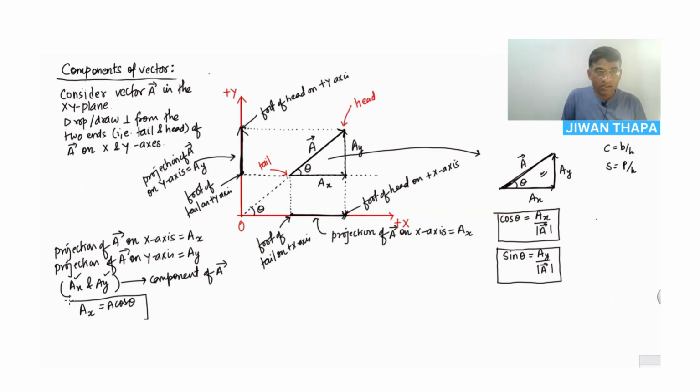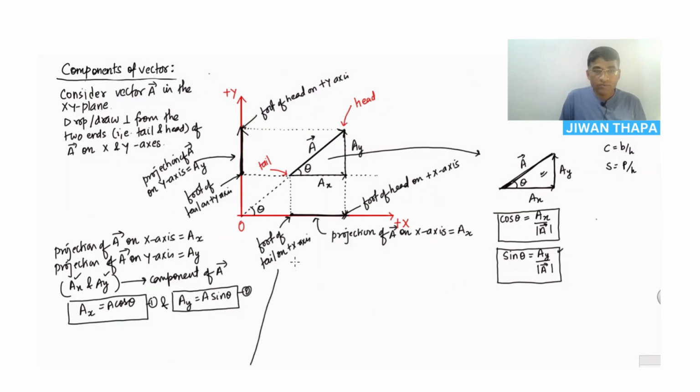And the component of vector A along the y-axis is AY, and AY equals A sine theta. Let us call it equation 1, and this is equation 2.